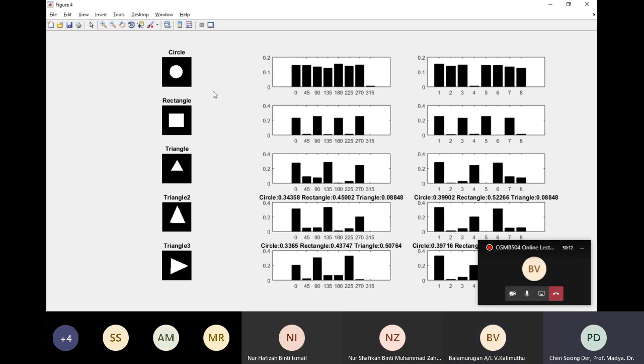So from a big image, we divide it into smaller sub-images, and for each sub-image, we calculate a separate histogram, and then we use that to describe a more complex shape like a human and so on. So this is called a histogram of each direction.